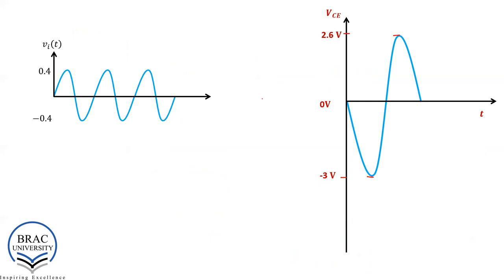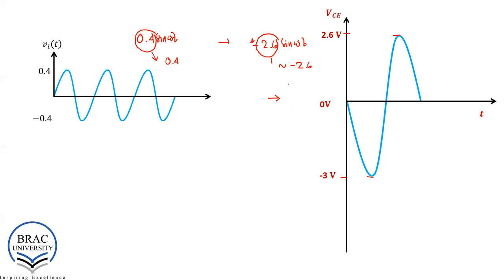This amplified signal is due to the input signal that we have applied, which is 0.4 sine omega t. For 0.4 sine omega t, we obtained something like minus 2.6 sine omega t. So you see the amplitude is appropriately amplified. At the input side our amplitude is 0.4, and at the output side our amplitude is roughly minus 2.6.